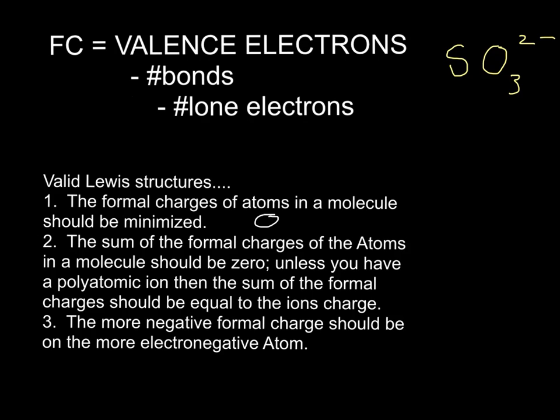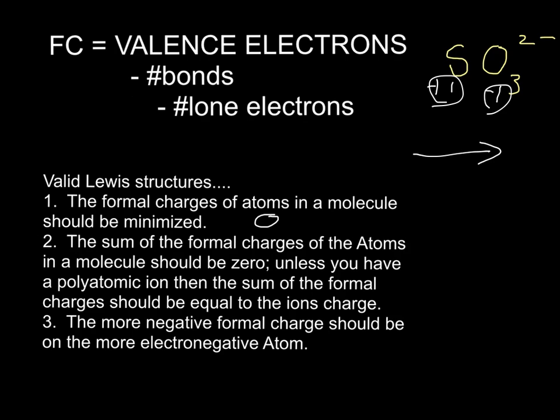We've already talked about number 2. Let's take a look at number 3. The more negative formal charge should be on the more electronegative atom. If we went back to that sulfite example, sulfur had the +1 charge and our oxygens had a -1 charge. Who's more electronegative? Oxygen, right? Oxygen's more electronegative than sulfur.